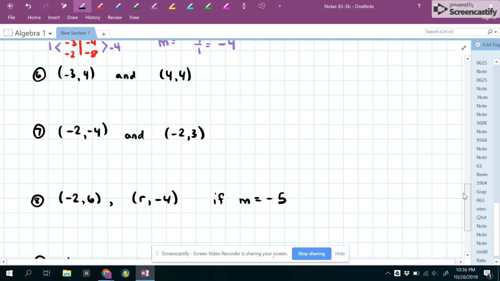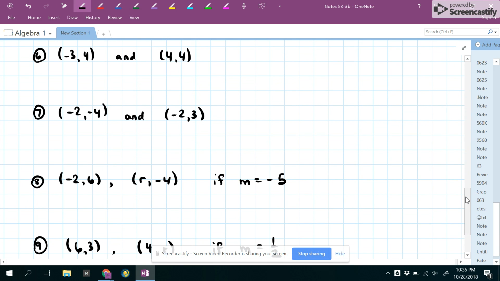So here are 2 more examples, 6 and 7. I would like you to try both of them. They both have interesting answers. So for number 6, when you make up your XY table, or you're subtracting, or whatever it is that you plan on doing, there is no change over here on the Y's.